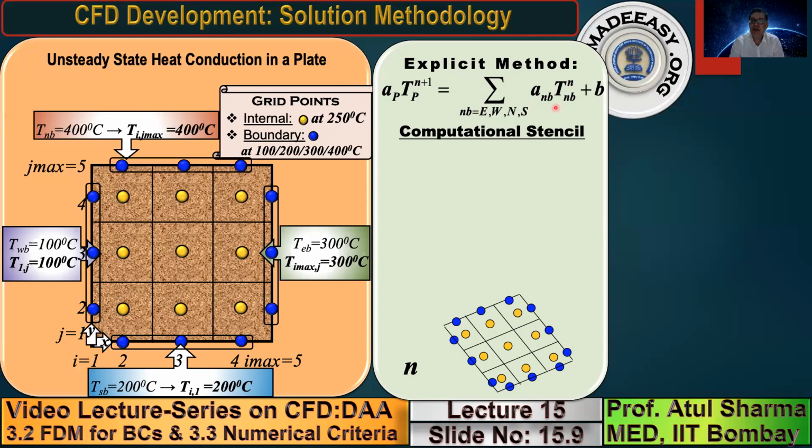So in this equation, wherever the temperature has superscript n, it means this temperature corresponds to the data of the previous picture. Wherever the temperature has superscript n plus 1, it means this corresponds to the data of the new picture that we do not know. So this is what we do not know, and this is what we know. So you get it now.